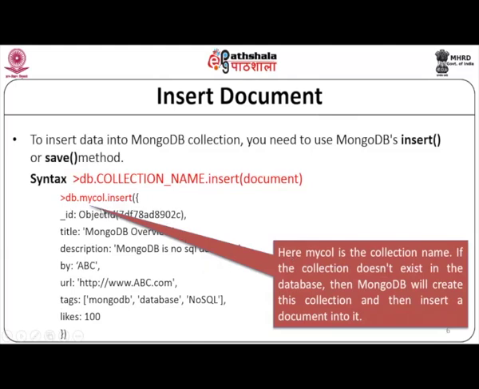Here my collection is actually the name of the collection. Suppose while you are inserting the document, you do not have a collection by this name, then MongoDB will by itself create such a collection and then insert the document into the collection.